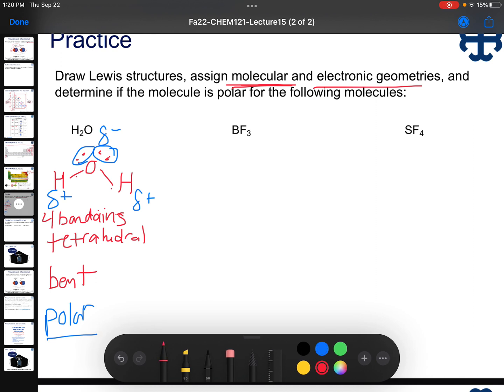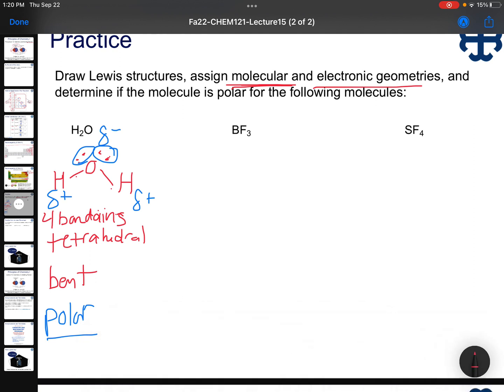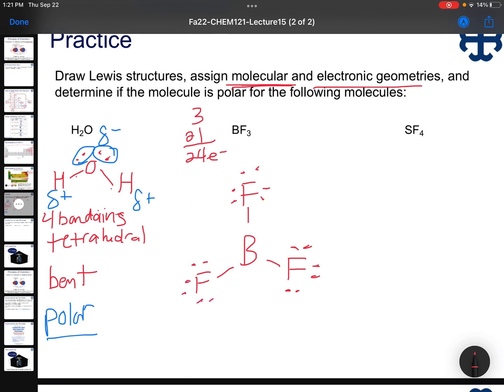If we do our next example of BF3, we can count our valence electrons, 3 from boron, 3 fluorines. Each fluorine has 7, so that should be 21 for a total of 24 valence electrons. And if we put BF3 around and add in our lone pairs for our fluorines, then count that all up, it should be 8, 16, 24 valence electrons.